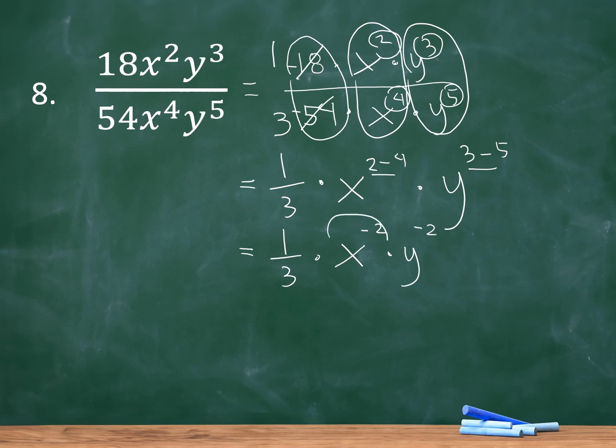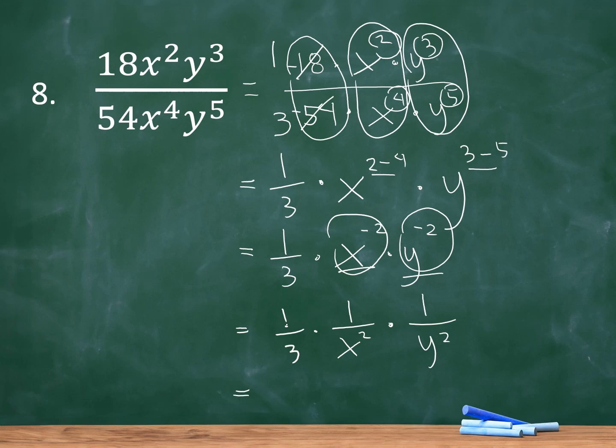So now we have negative exponents. So how do we deal with them? We bring them to the denominator. So we have 1/3 times, we bring x to the power of negative 2 to the denominator, so it becomes 1 over x squared times y to the power of negative 2 becomes 1 over y squared.